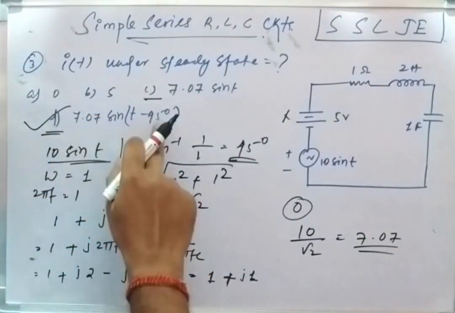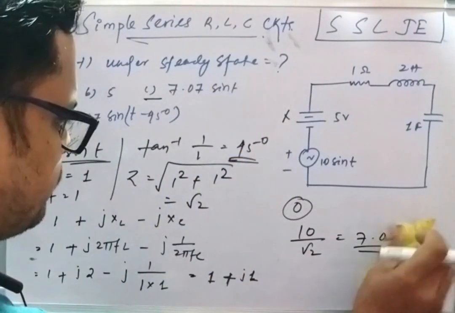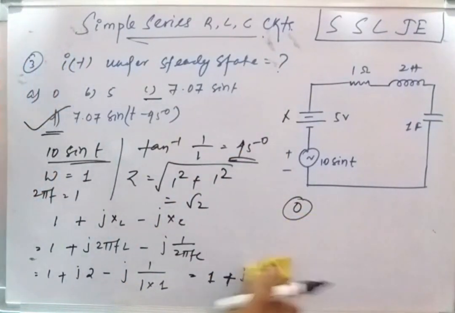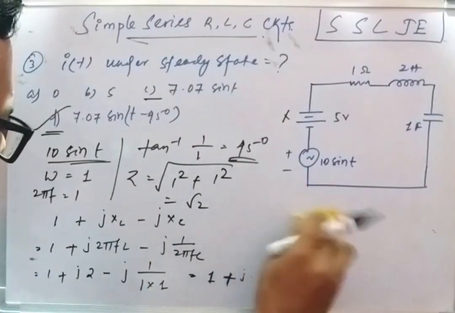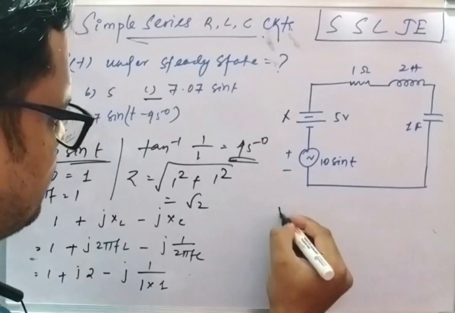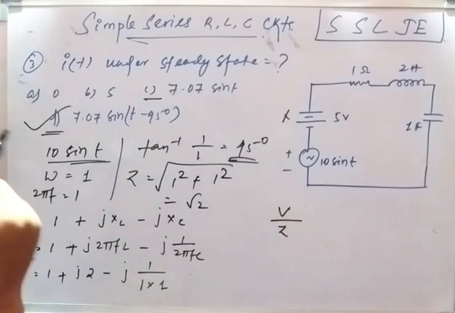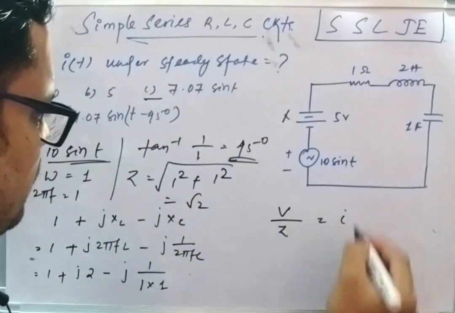How will we get minus 45 degrees? See, here you divide V by Z to find out the current, right?